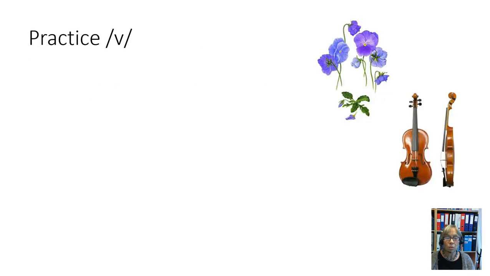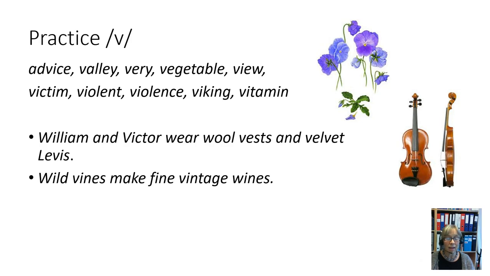Now, you have probably heard people say w instead of v, so it seems that this needs a bit of practice. Advice, valley, very, vegetable, view, victim, violent, violence, Viking, vitamin. William and Victor wear wool vests and velvet Levis.